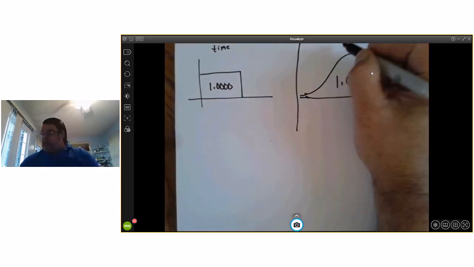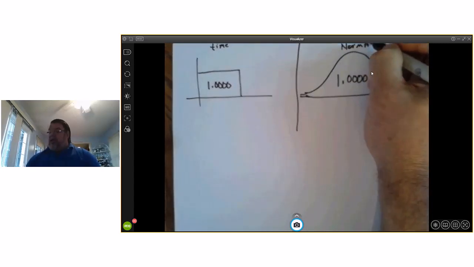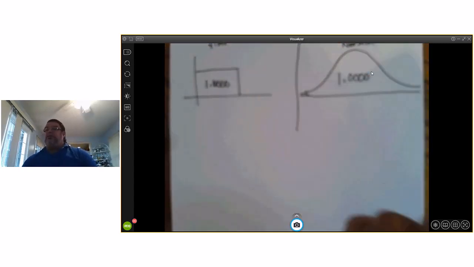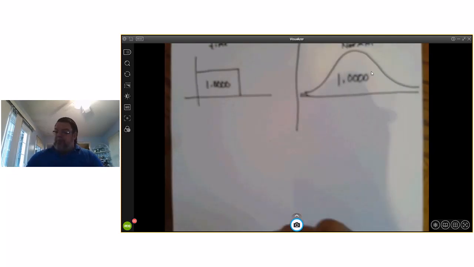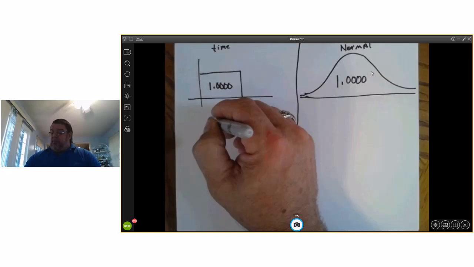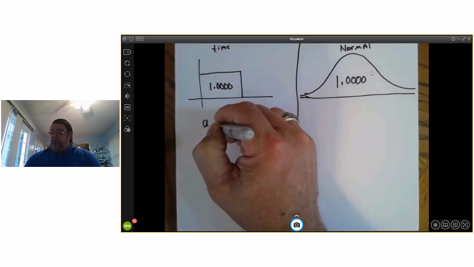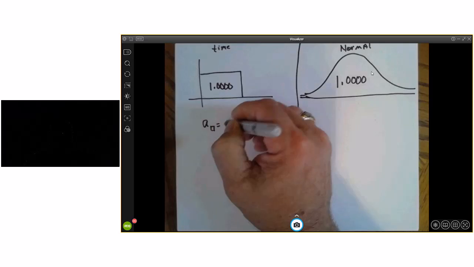And this is a normal distribution. So these are the two type questions you're going to have in chapter 7. Okay? This one is all based on area of a rectangle is equal to base times height.